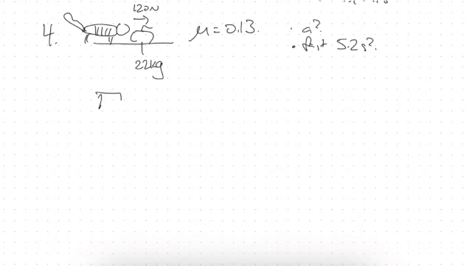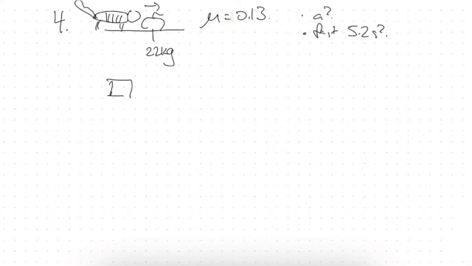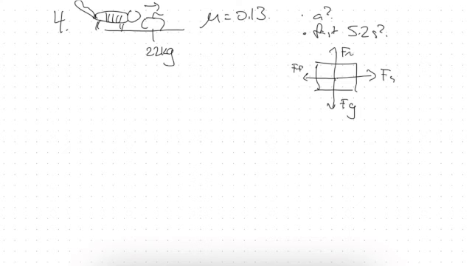So we draw a free body diagram of the block. I'll do that a little bit bigger. It's good to draw free body diagrams a little larger. So there is a tiger force, a force applied, and there's a friction force going in the other direction. There's a force of gravity and a force of normal.